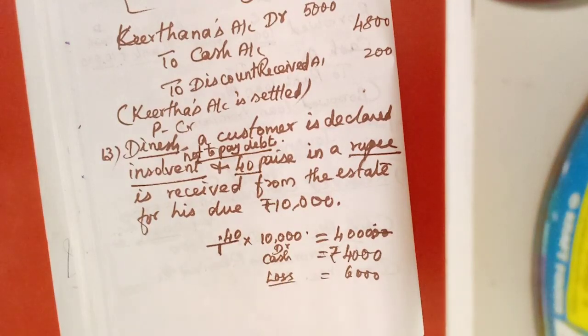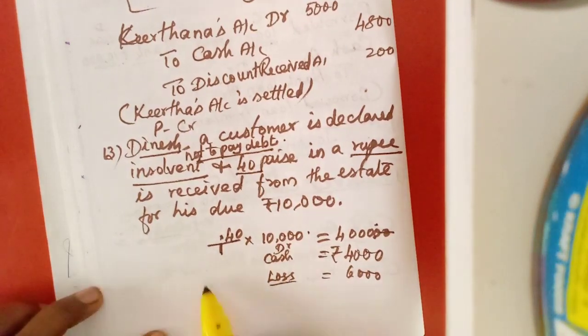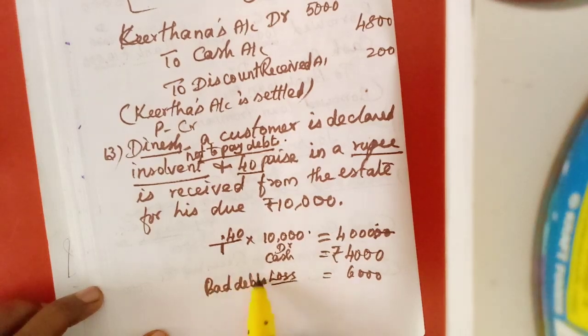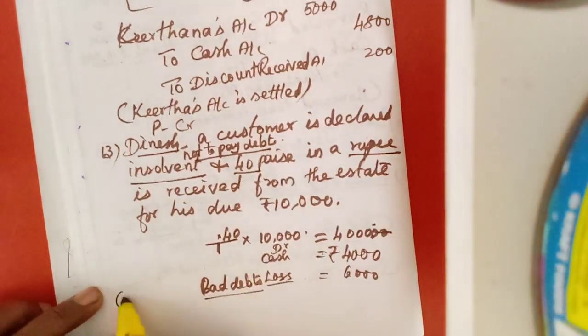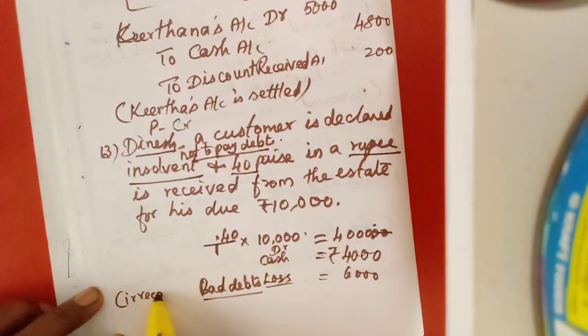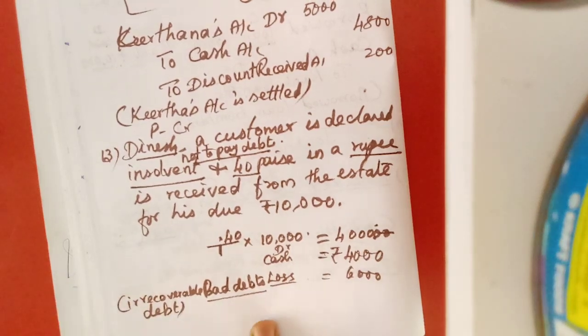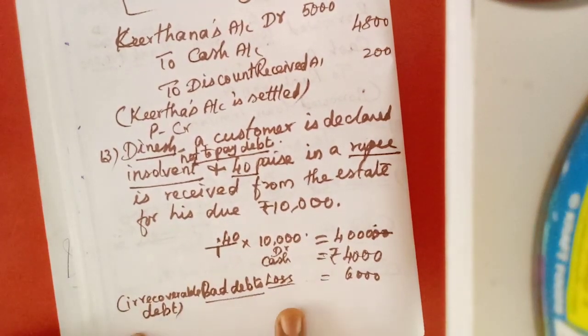We cannot receive this back. This is called bad debts. What is a bad debt? Irrecoverable debt, as I have explained to you. We cannot collect it back from him. So it is an irrecoverable debt.